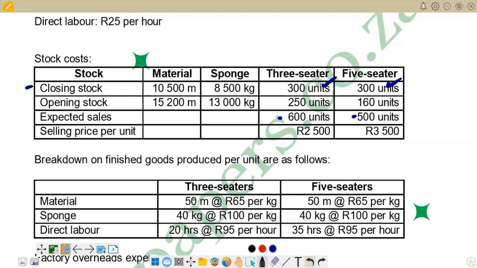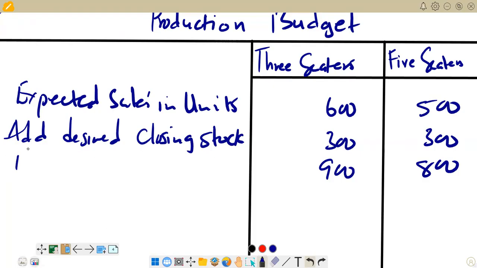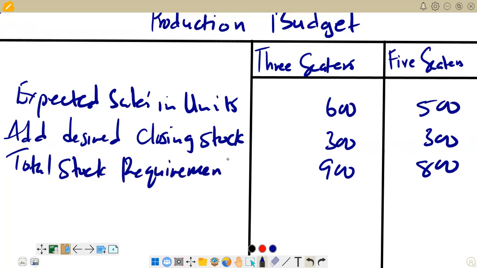So it is the same number there. We are adding 300. Then we can add there to get our total. When we say 600 plus 300, here we get 900. 500 plus 300, here we get 800. So this is what we have. And the description of these figures is total stock requirements.